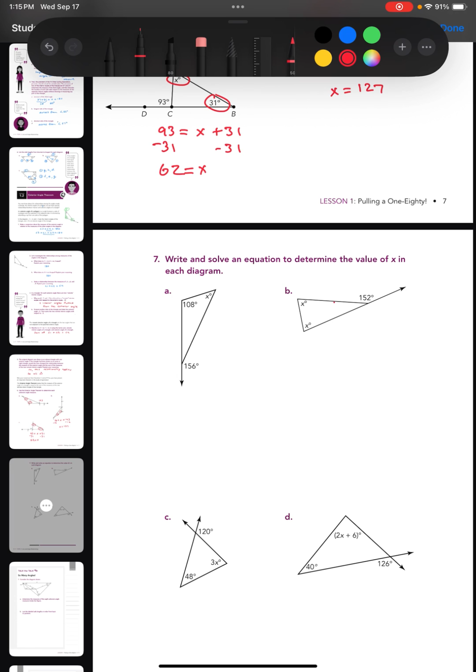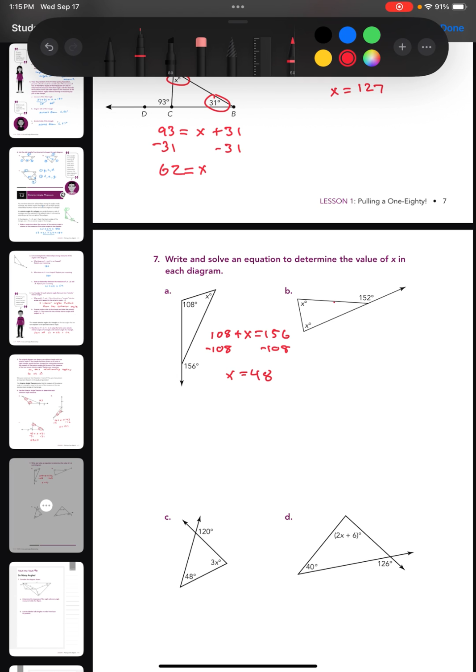Okay, for 7, continuing also same type of examples. We know on 7, 108 plus x has to equal 156. So again, we can subtract 108 and solve for x there, and we get that missing angle x is 48 degrees.